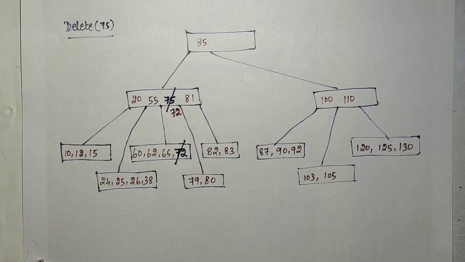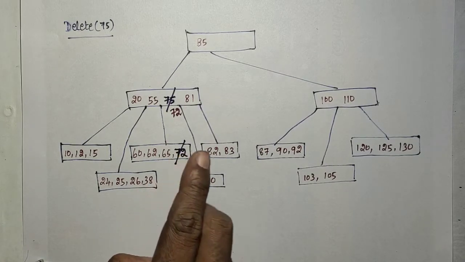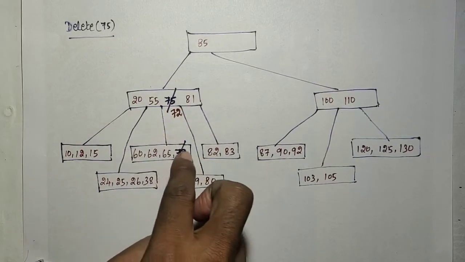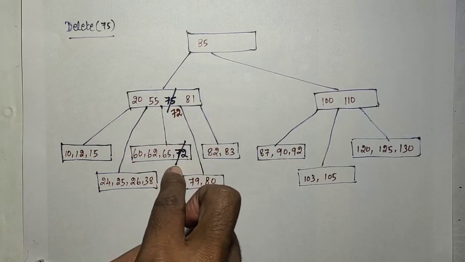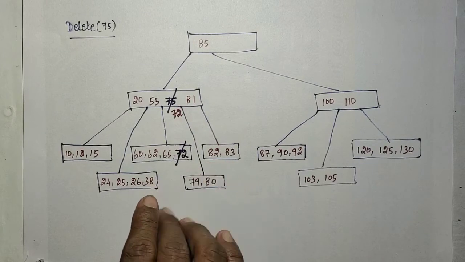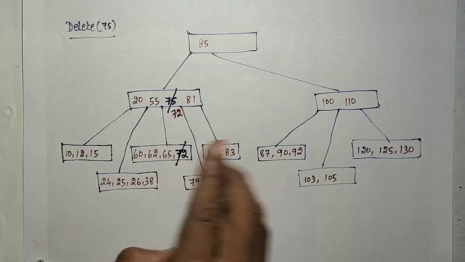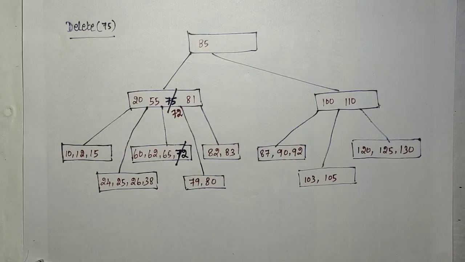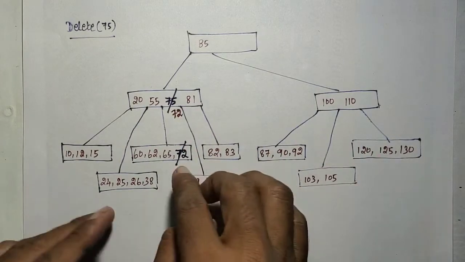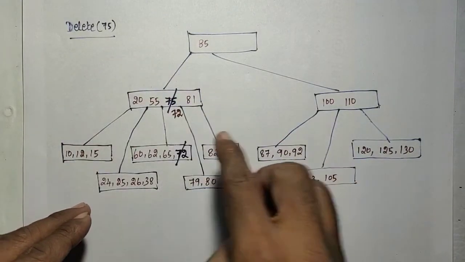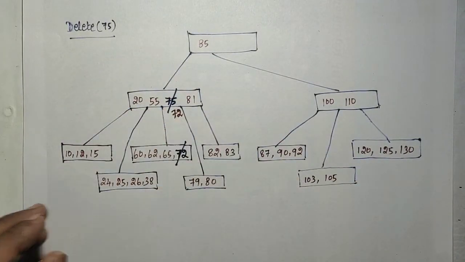But in this situation, even after moving the 72 to this place, that node still has a sufficient number of elements, more than the minimum number of elements. So there is no need to do anything, we can just stop. Just move this here. So delete 75 is over, and in this place the 72 will occur.